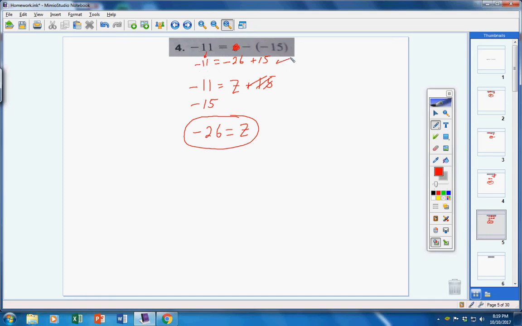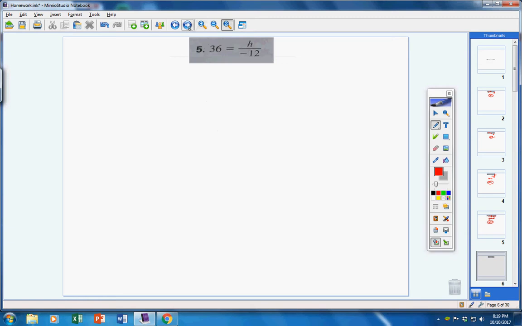Okay? Checks. Number 5. Step 1, we are going to simplify both sides. Next, eliminate fractions. Well, I have a fraction here. I have a negative 12 in the denominator, so I'm going to multiply the equation by negative 12.